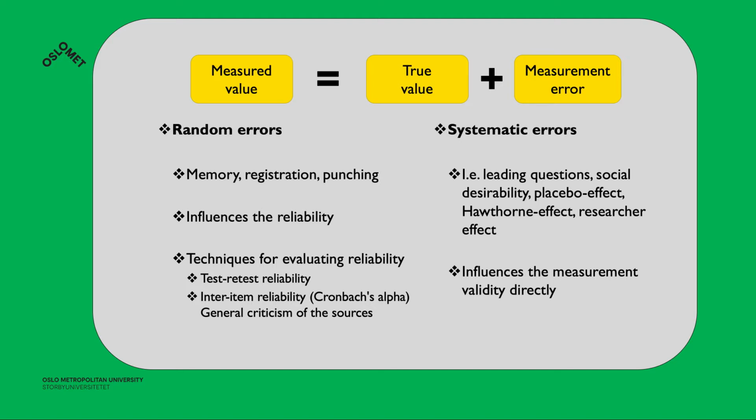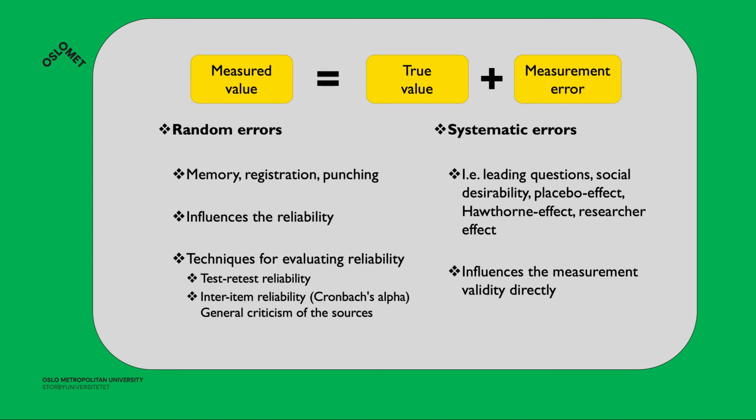Random errors are, for example, memory. People don't remember right. Registration: some people, when they fill out a form, tick off the wrong box, for example. And punching: when the results are registered by people punching them into the computer, so you get your data sets, something goes wrong there randomly.